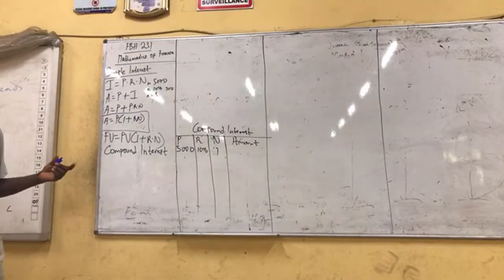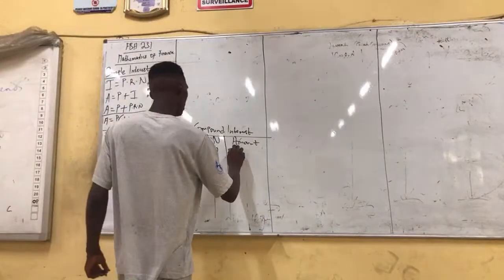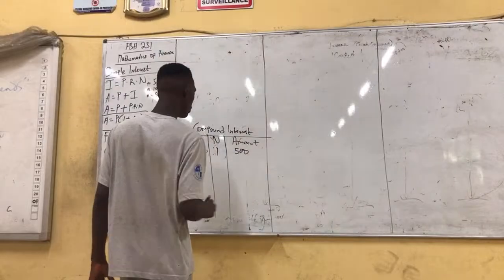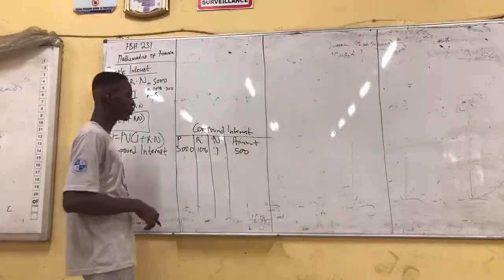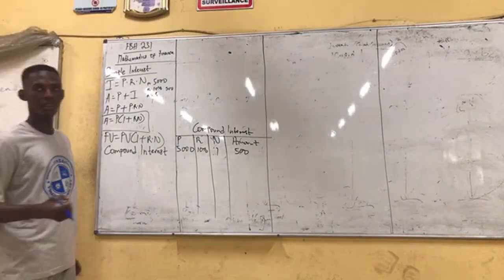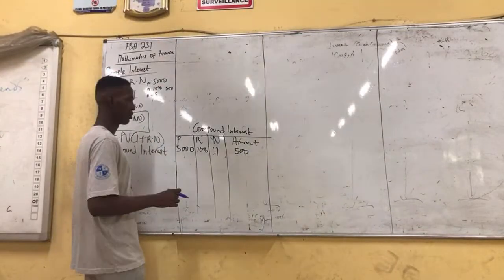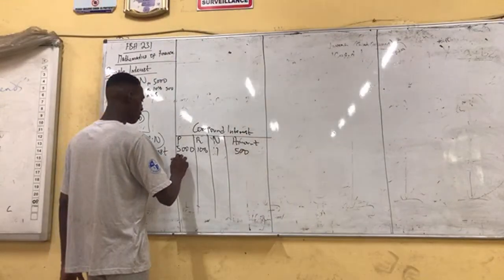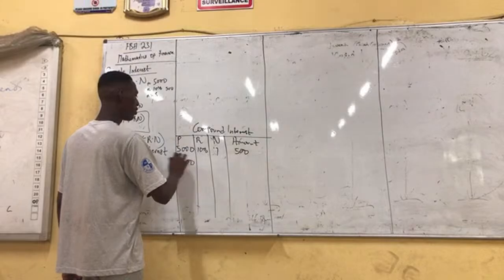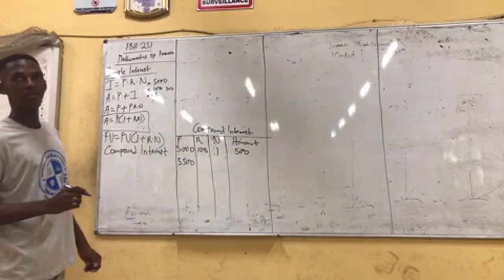That will just give us 500. Right? So for you to get year 2, you sum it up because they are compounding it together. This 500 plus your principal gives us 5,500.